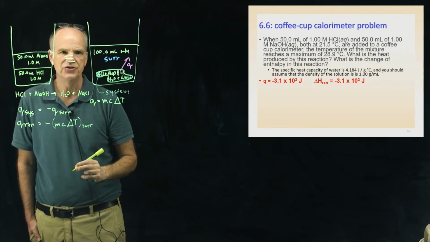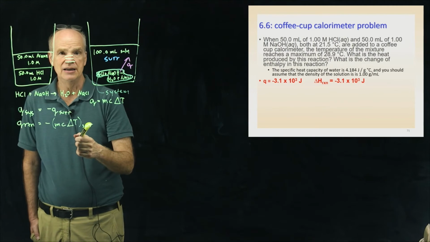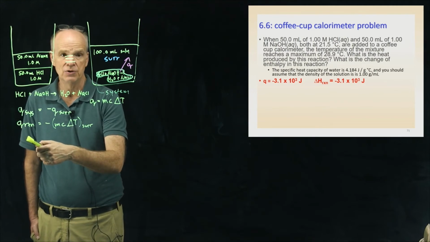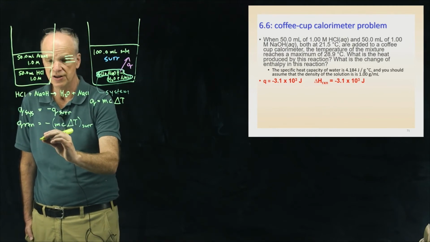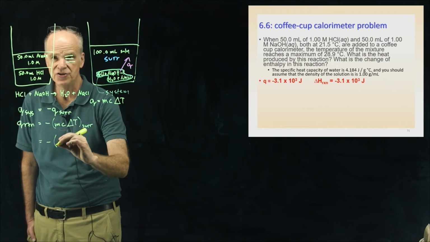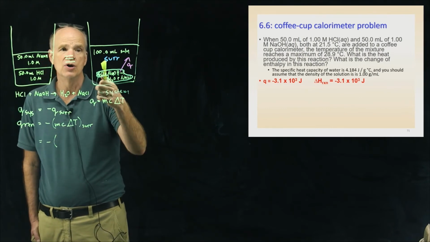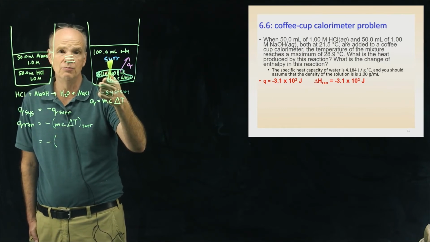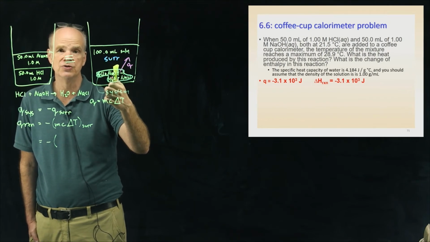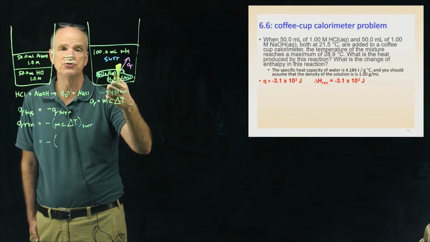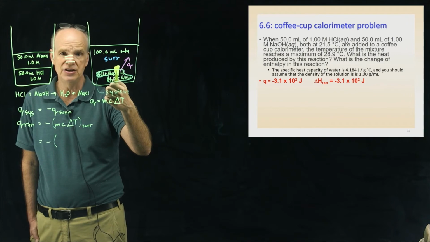Okay. And so now I think we can go ahead and plug in numbers and figure out what the heat of the reaction is. And so here, the mass of the water, how do we figure that out? Well, we have 100.0 milliliters of this water solution. And I think the problem tells you to assume that the density of this water solution is 1.00 grams per mL.